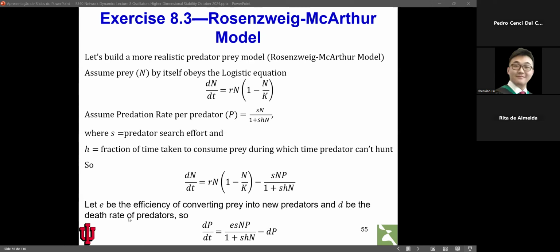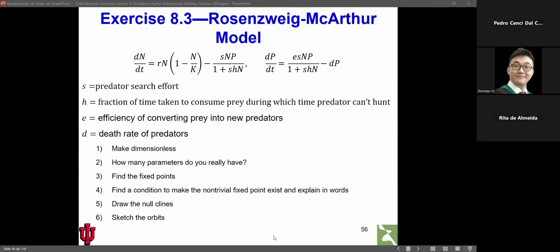And then there is the death rate of predators, because predators cannot live forever. So you have the amount of new predators entering the system, which depends on the number of prey these predators can catch, minus the predators that have died. So these are both equations.